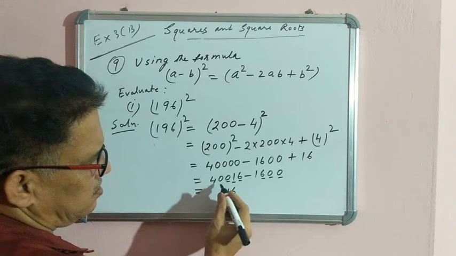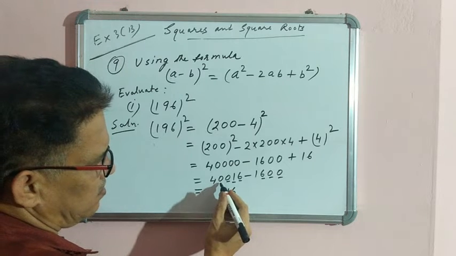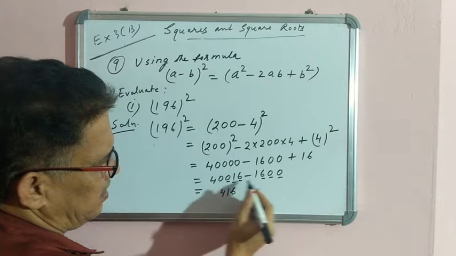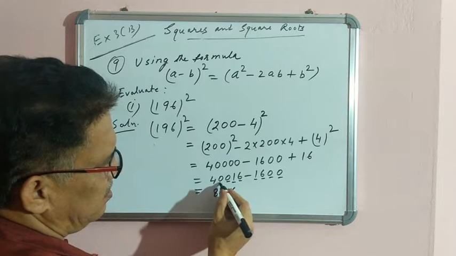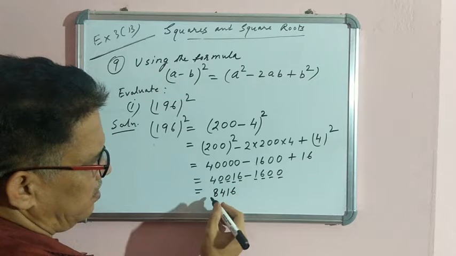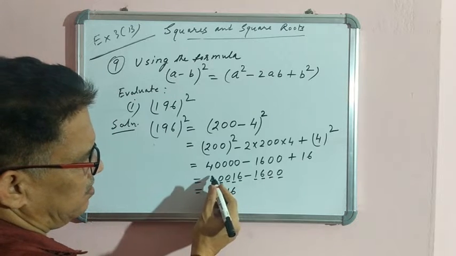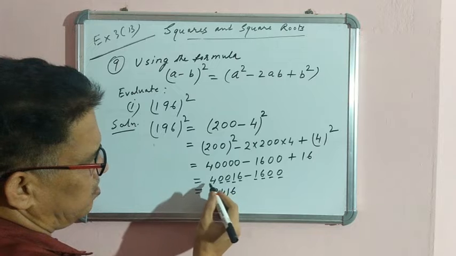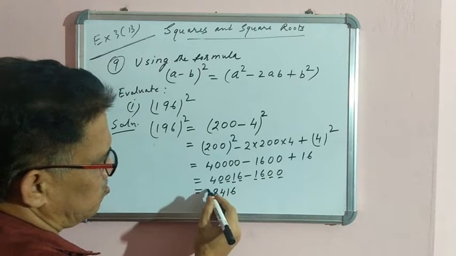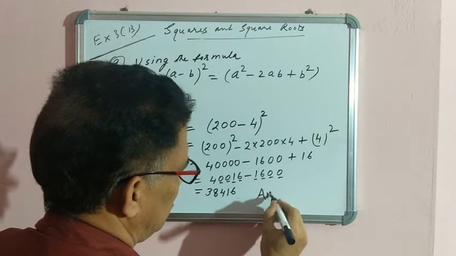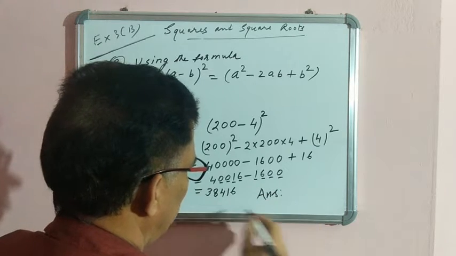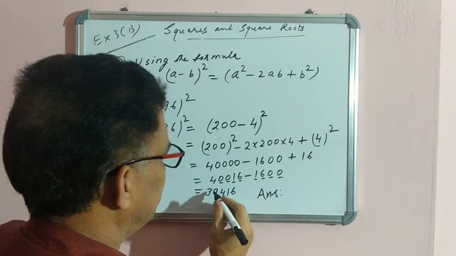Now this is 9, this becomes 9. So 9 minus 1, we are getting 8. 9 minus 1, we have got 8. Now this one has given 4 here, so here it is only 3. So 38416. So this is our answer. 38416.